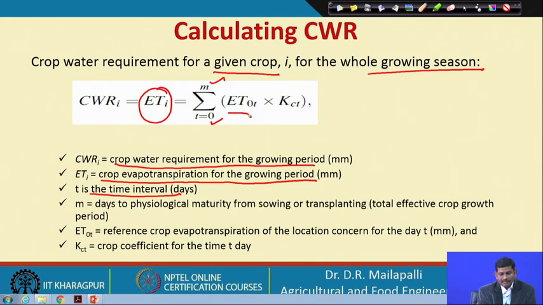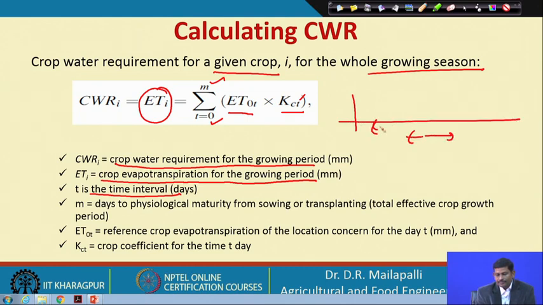So, ET_t multiplied by Kc_t, where Kc_t is at a particular time. You get evapotranspiration for a particular time.